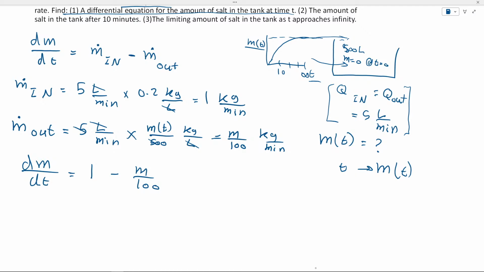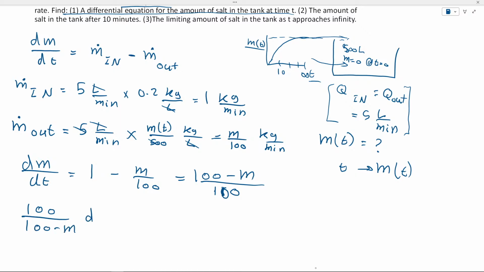So let me just arrange this a little bit. So that would be negative m over 100. Let me do some arrangement. So I will say 100 over 100 minus m dm.